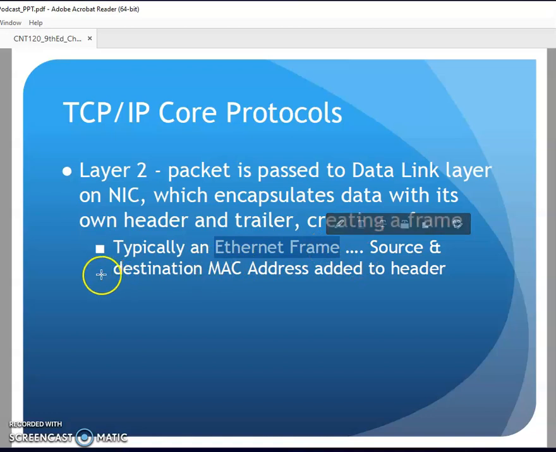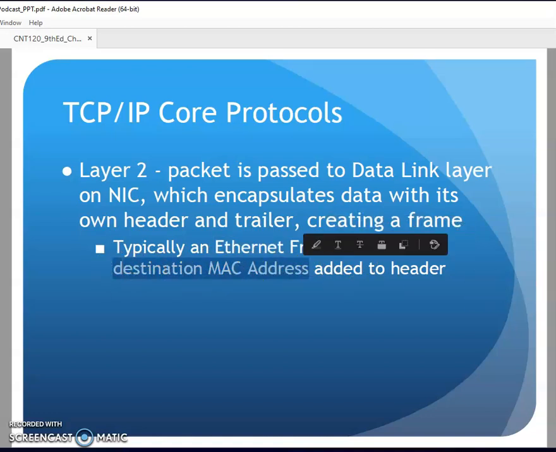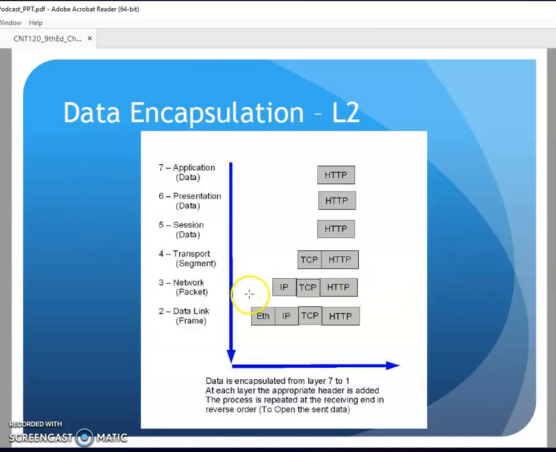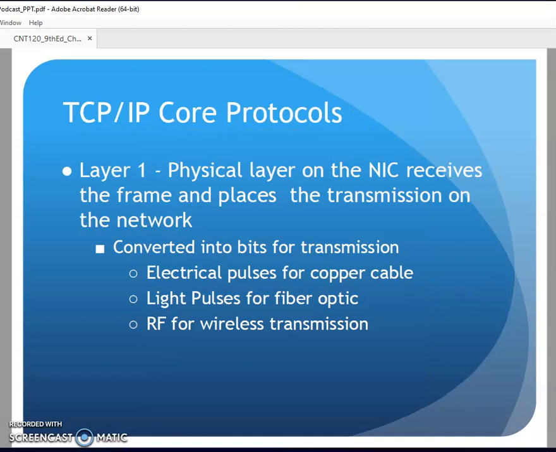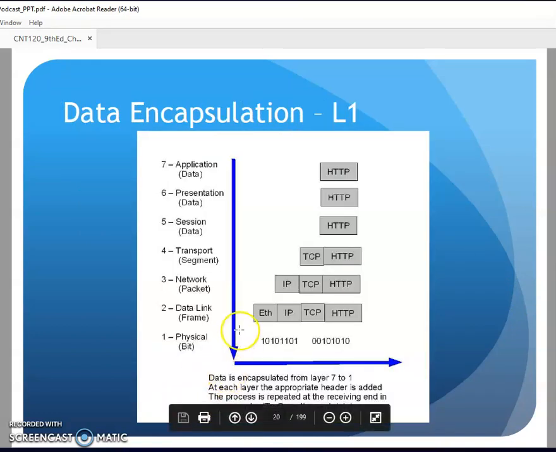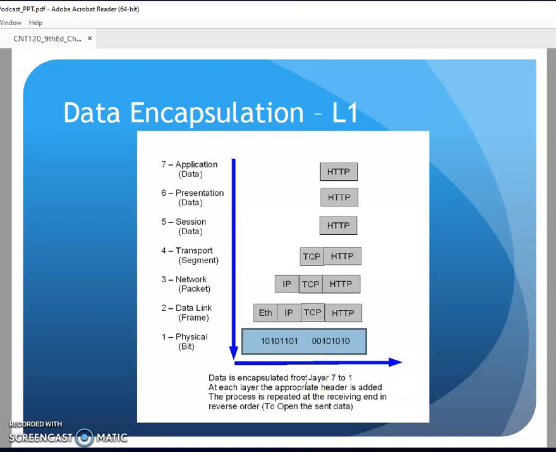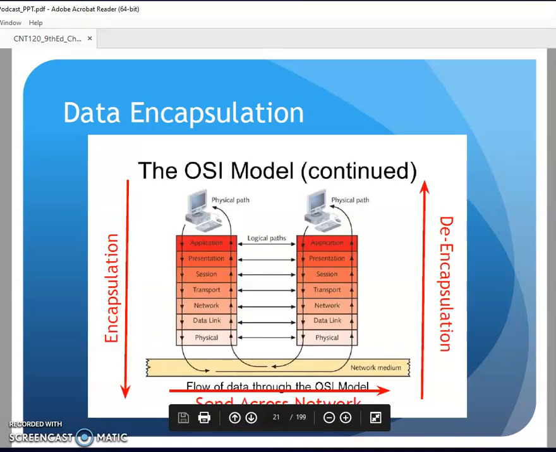We would have the source and destination MAC address, and this ends up becoming an Ethernet header that has the source and destination MAC address in it. And then layer 1 is literally our ones and zeros sent across the network as pulses of electricity, or light pulses if we're sending across fiber optic. Pulse of light for 1, no pulse for 0.